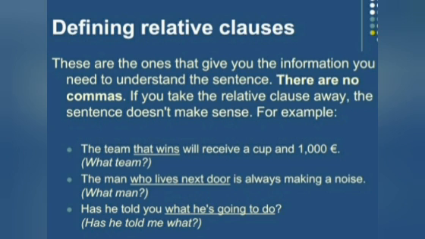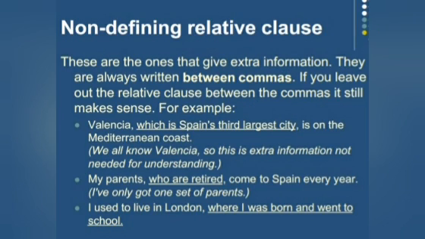Okay. Next we have non-defining. Non-defining clauses are the ones that give extra information about a person or thing which is not necessary for the meaning of the sentence.